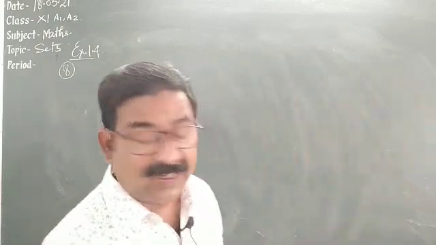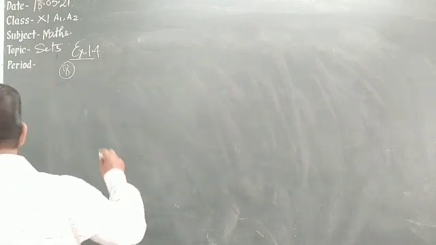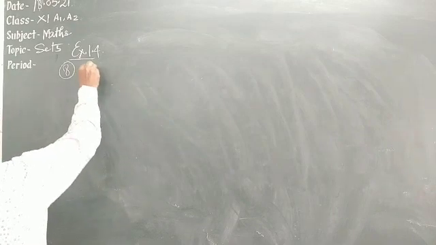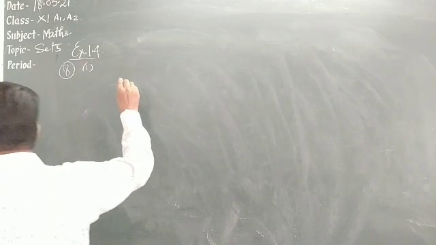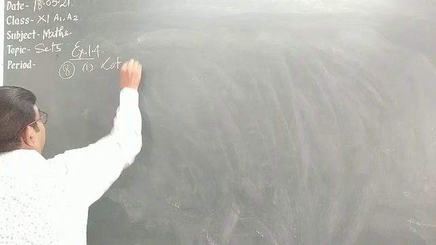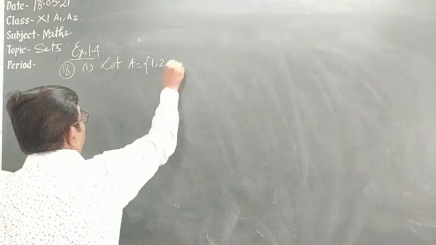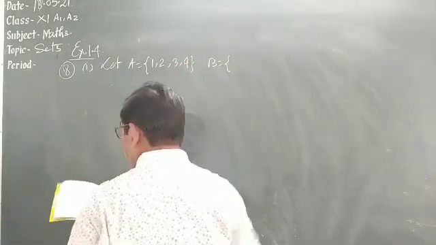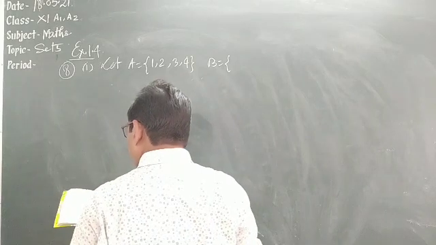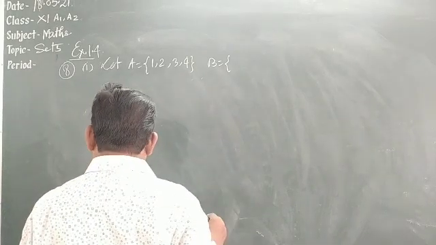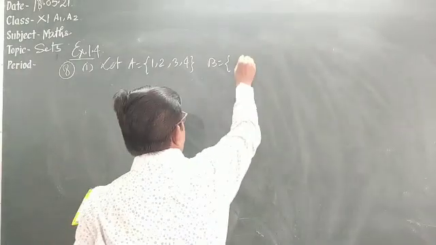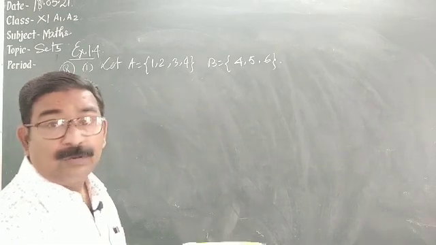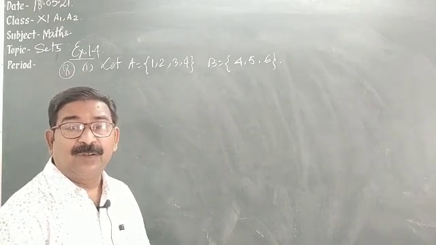So we are given different sets. In the first part, let A be the set {1, 2, 3, 4}. B is another set, x such that x is a natural number and 4 is less than or equal to x is less than 6, including 4 and 5. How do we check whether they are disjoint or not?